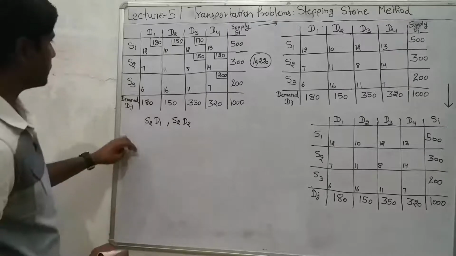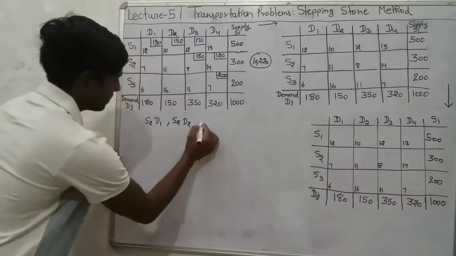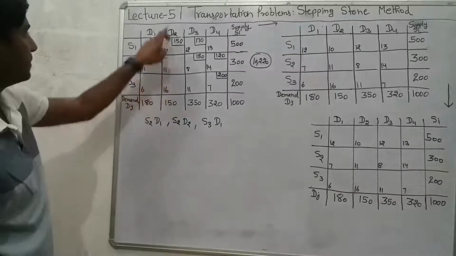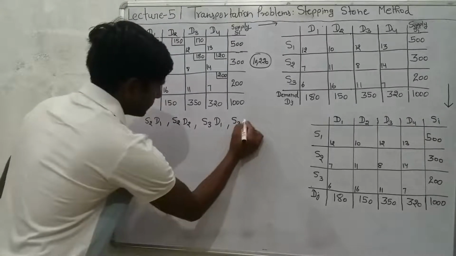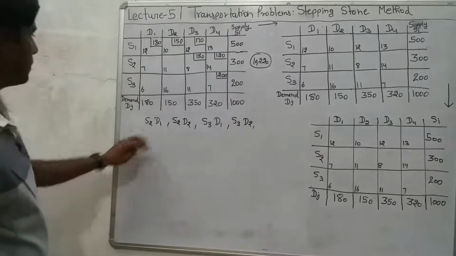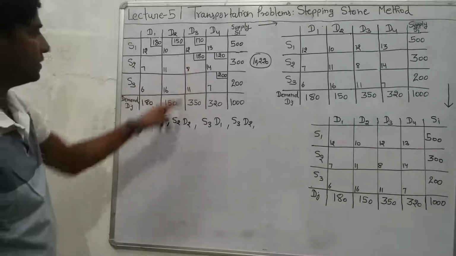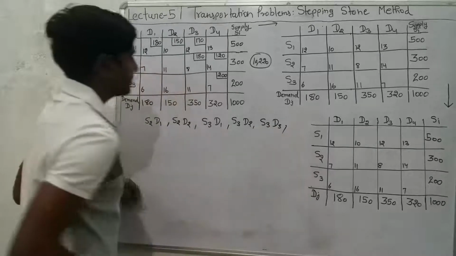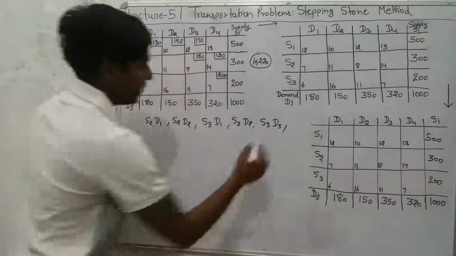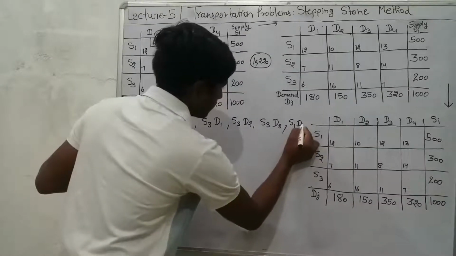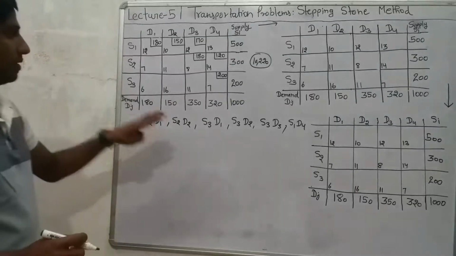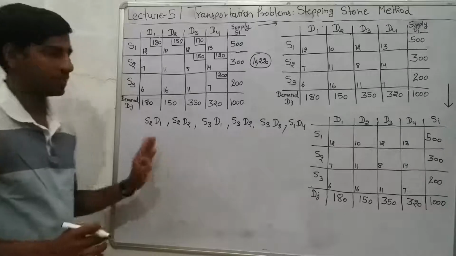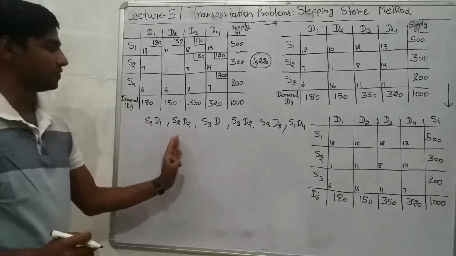The third empty cell is S3D1. The fourth one is S3D2. The fifth one is S3D3, and the sixth one is S1D4. In the stepping stone method, we have to calculate the opportunity cost for these empty cells. We have given them names, S2D1, S2D2, and so on.